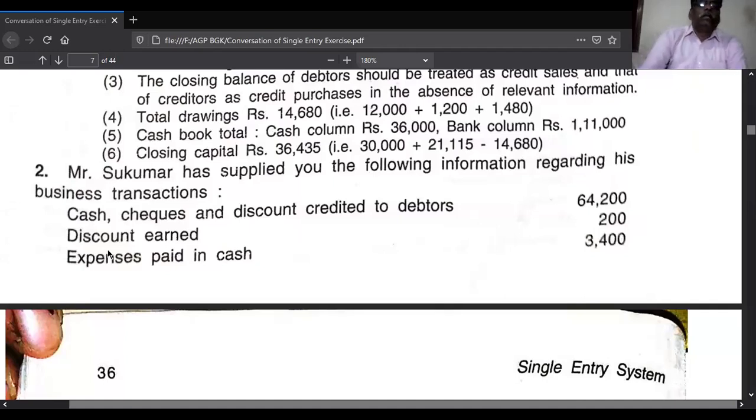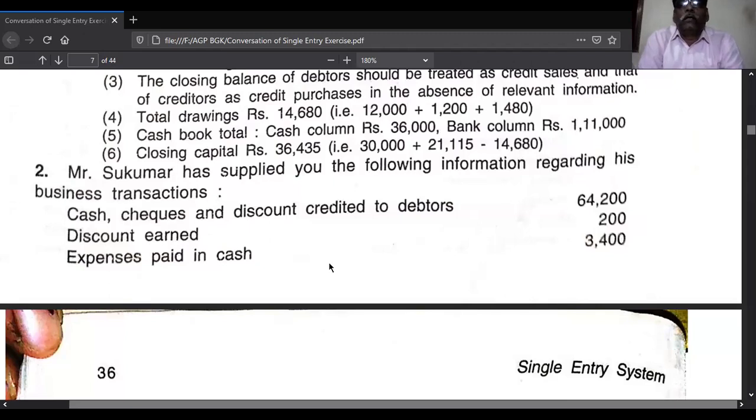Okay, now you see example number 2. In example number 2, Mr. Sukumar has supplied the following information regarding his business transactions. The first transaction is cash, check and discount credited to debtors account.